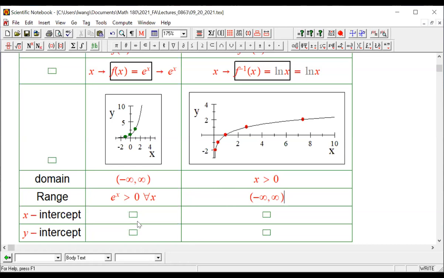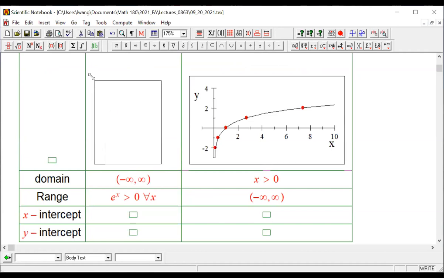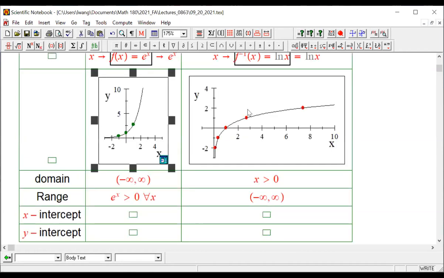Now, what is the x-intercept for e to the power x? Are you guys there? Yes, I'm just writing this down. Is it 1, 0 for e to the power x? Is that what you meant, Maritza?